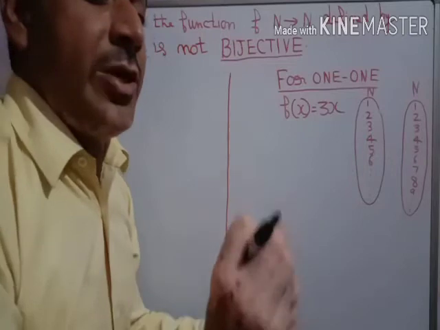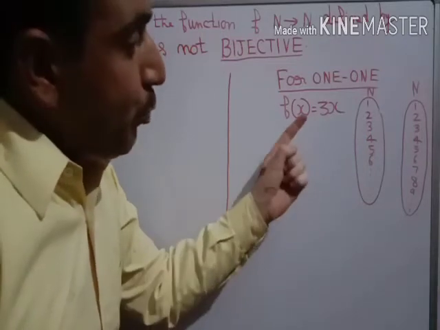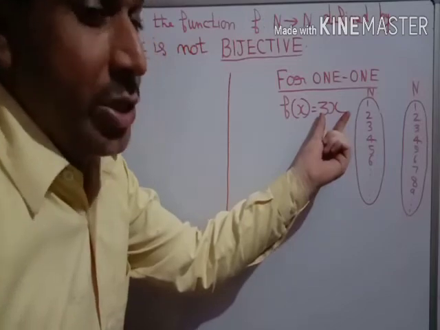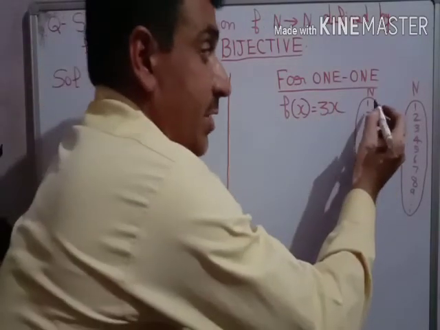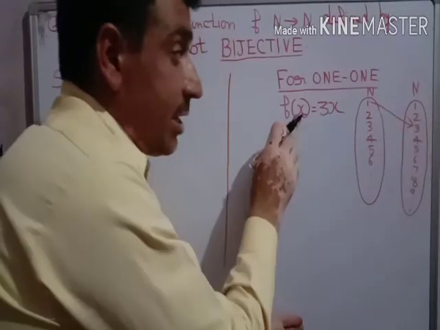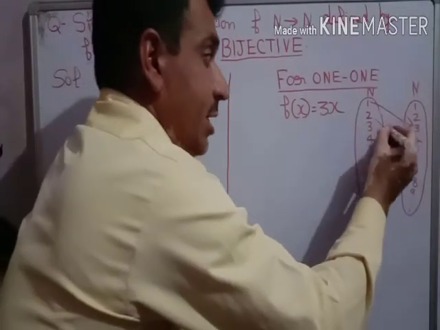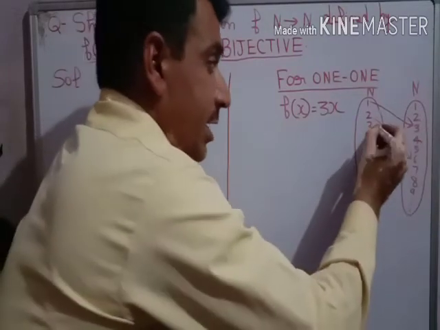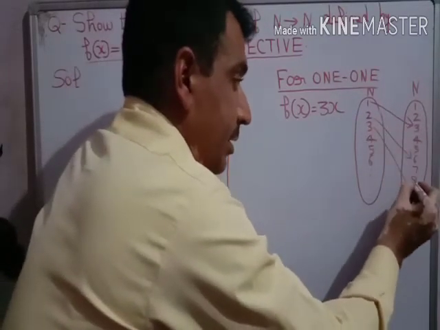Let us give inputs one by one. Put x equals 1, then I will get the output 3 into 1 equals 3. When I give the input 2, I get the output 6. When I give the input 3, I get the output 9.